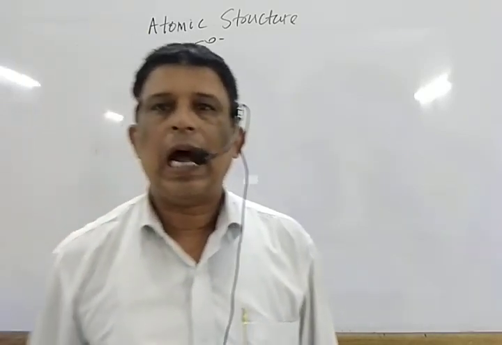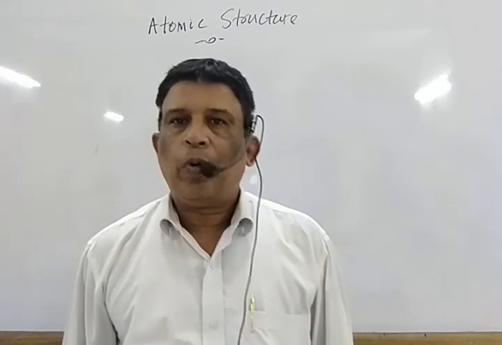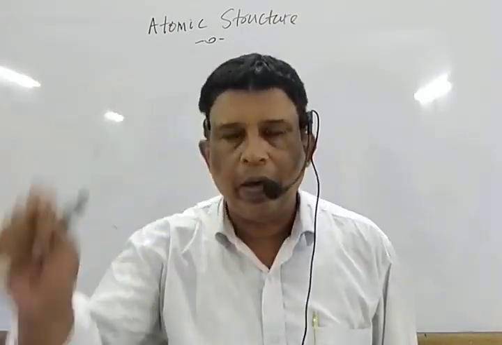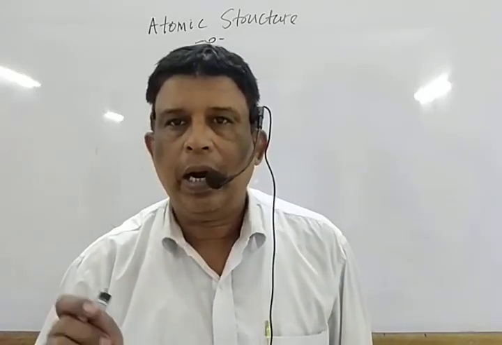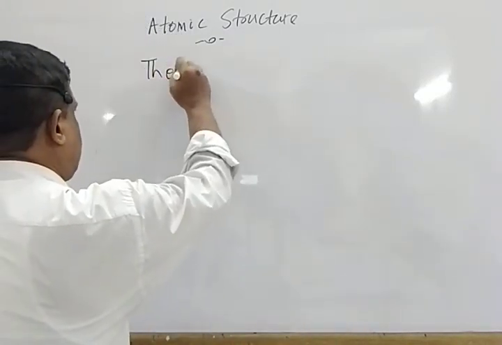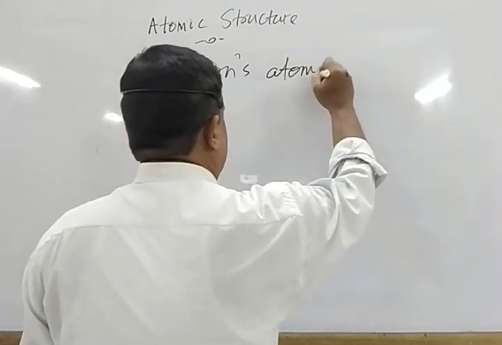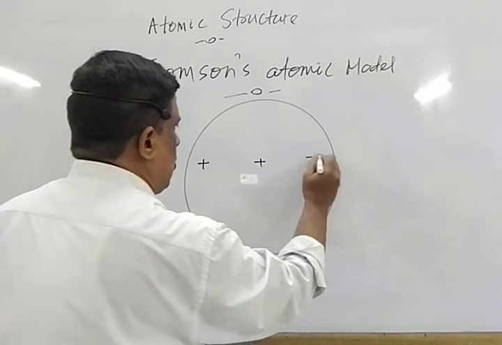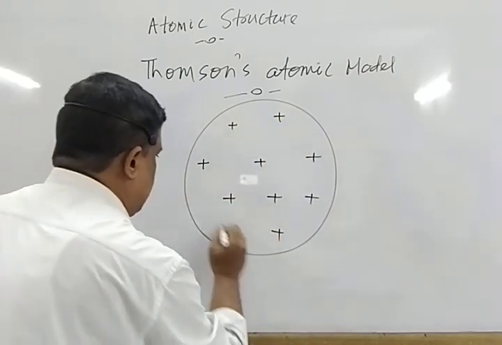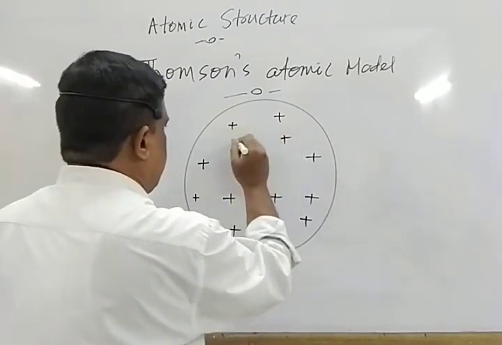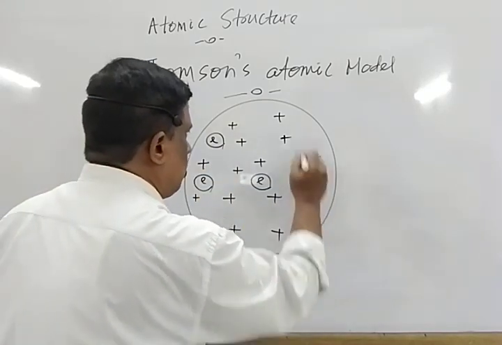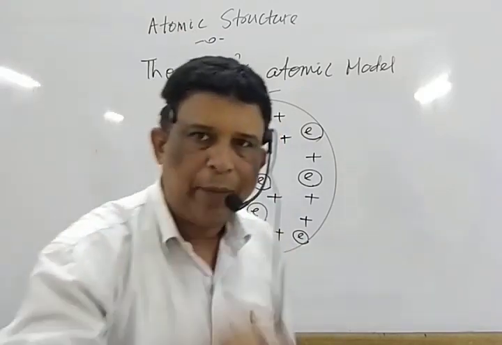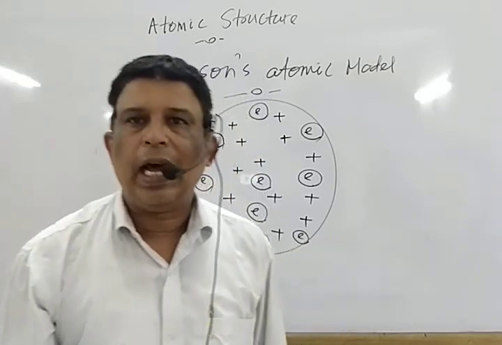Next, we discuss Thomson's atomic model. According to him, the positive charge is spread over a sphere in which electrons are embedded, kept in order to maintain electrical neutrality.